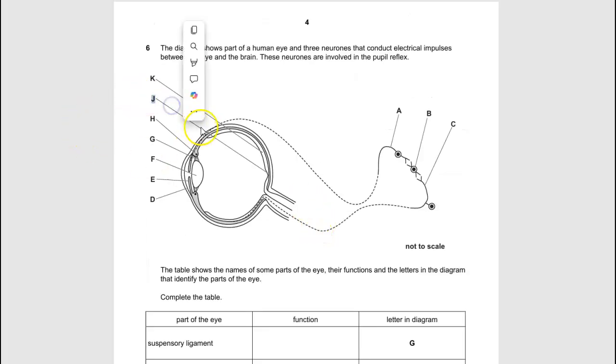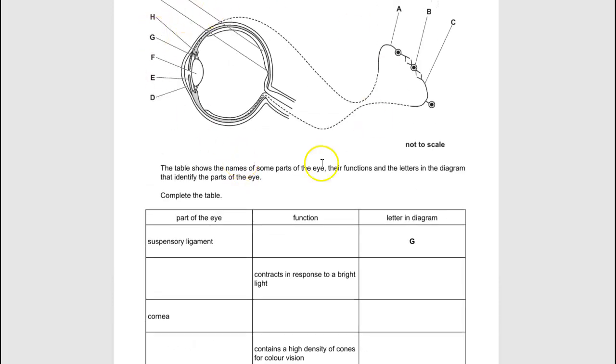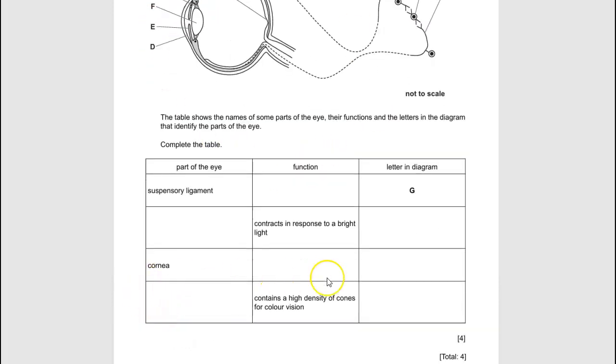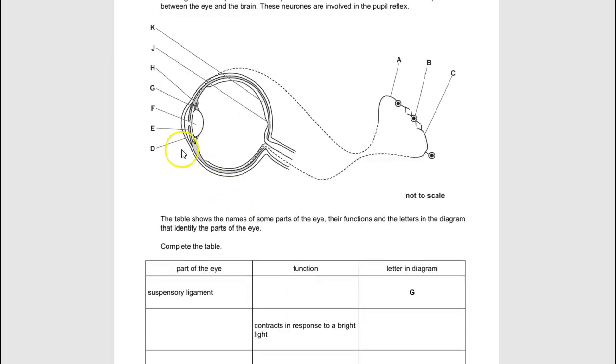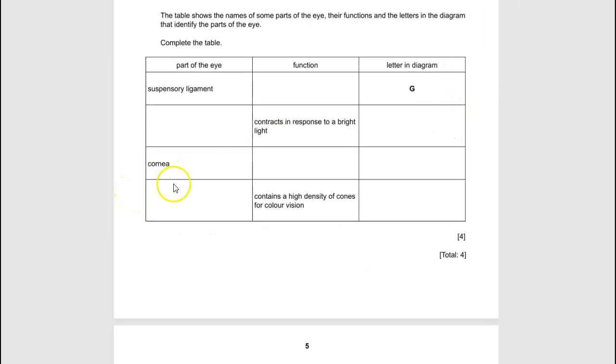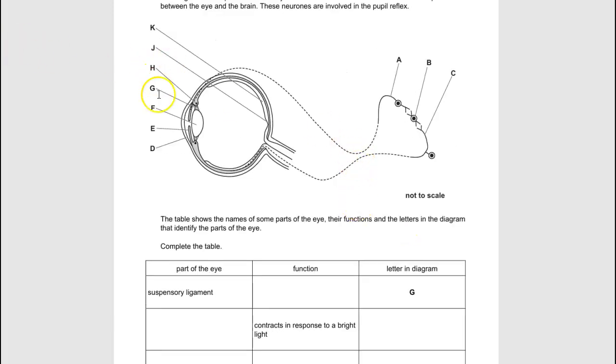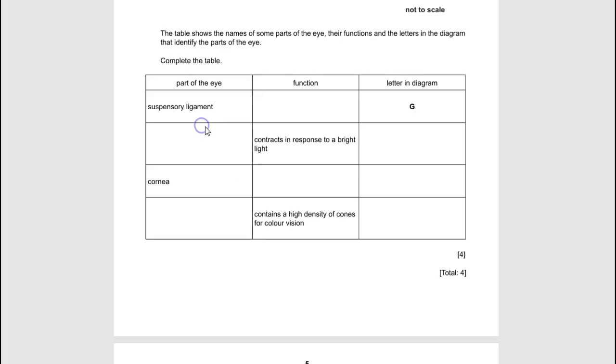It's J. The circular muscle is around here. And cornea, of course, everyone knows. It reacts to light in the eye. C. And fovea. It contains a high density of cones for color vision, which is around here. F.